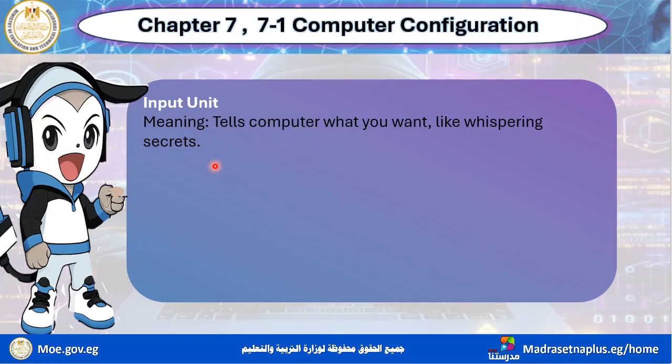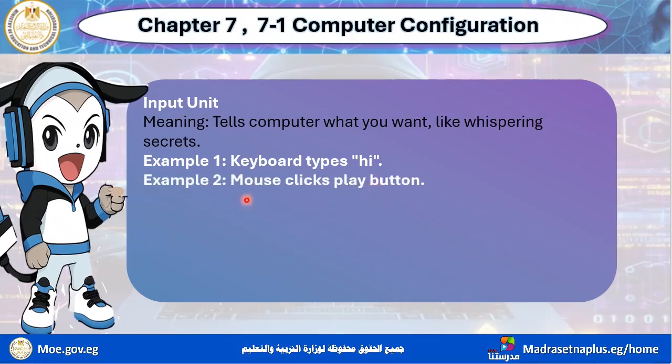So we use the keyboard to type words or type orders to computers. So this is the use of the input units. For example, the keyboard types hi, hello, or, for example, give me the sum of these numbers. Example 2, the mouse clicks the play button.